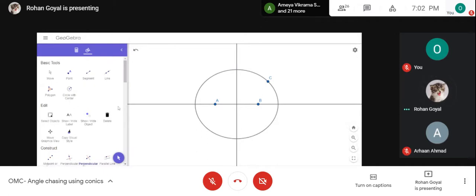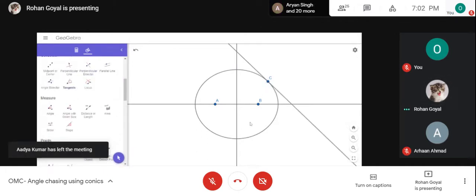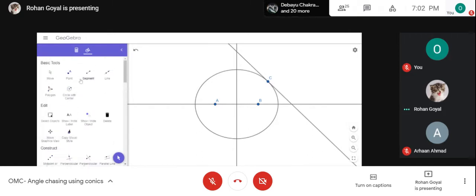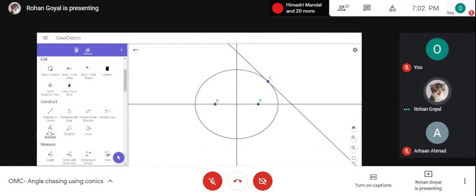Now let's look at what happens if we take a tangent from C. You remember that CA plus CB is some fixed distance. Now I have the first claim.